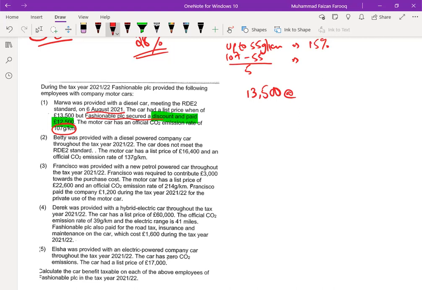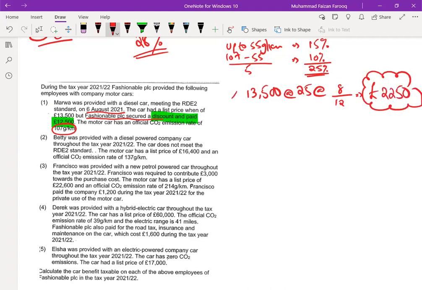Round it down. Yes, so we have 25%. Do we use the car throughout or some months? What is my final answer? 2250. Any problems, any confusion, please ask me.